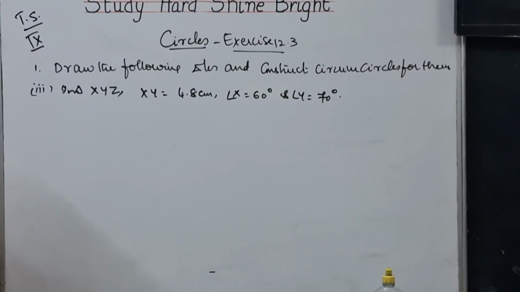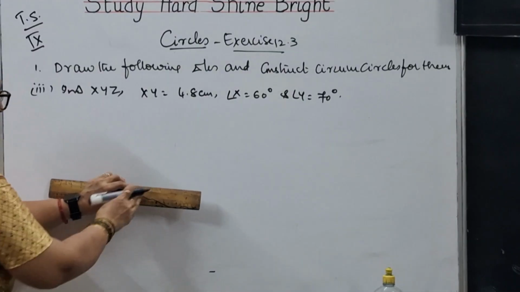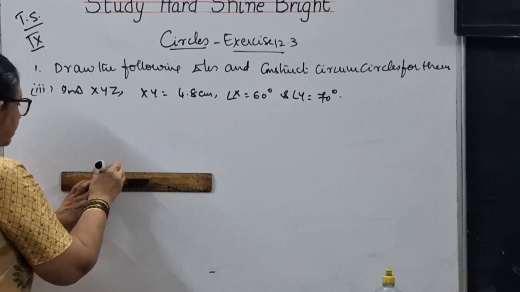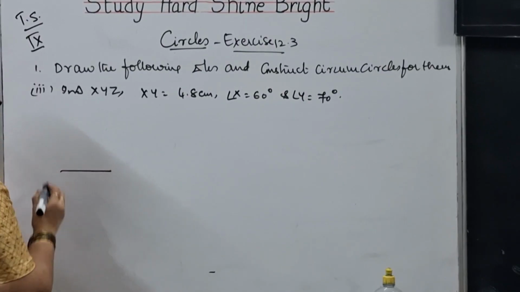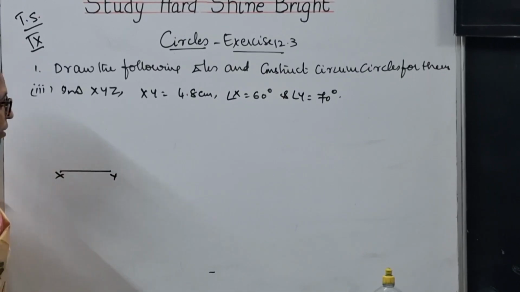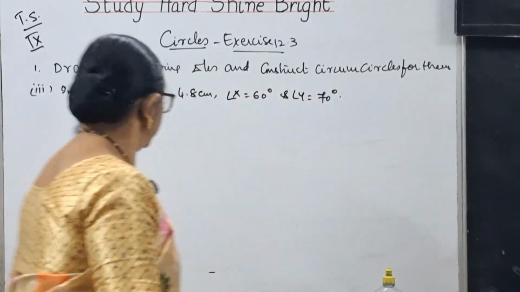Now, there is triangle XYZ in which XY is 4.8 centimeters. So, this is X and Y. Angle X is 60 degrees.